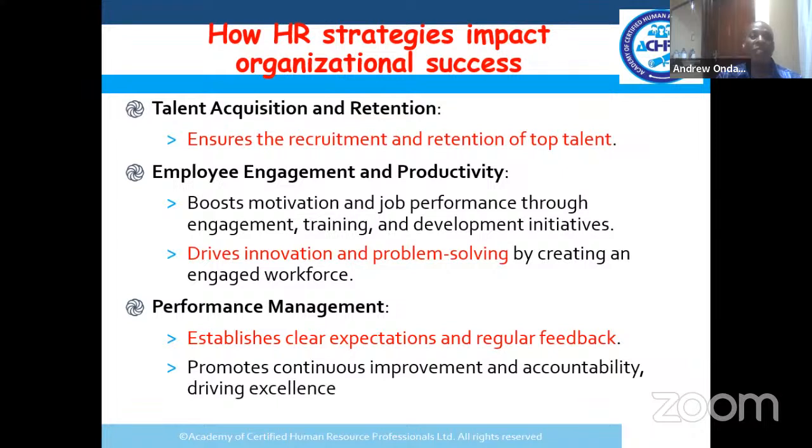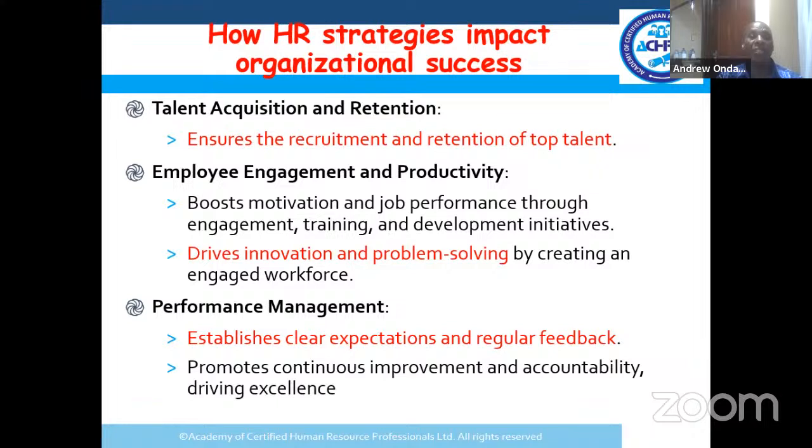I have indicated there that it helps to succeed because it identifies and retains top talent. And by top talent, we mean people who are skilled, knowledgeable, experienced, and have a positive attitude. And in addition, they are innovative.